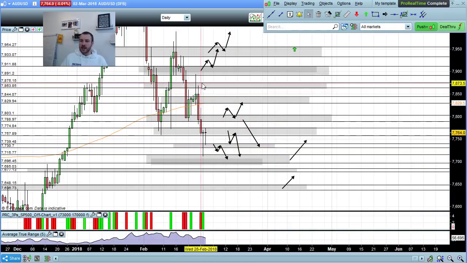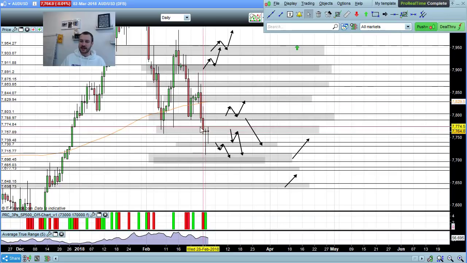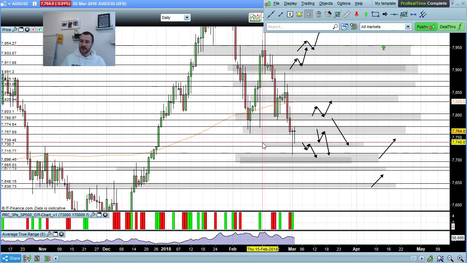So quick recap. It's really if we start breaking up above this 890 to 911 level, the market is then starting to turn more bullish. You start looking for the bounces up. If we break up above this level, it's then turning more bullish still, and I'd expect to see really up toward 8,000 tested. We're still testing at this key level of support. If the market continues to break down, reject at this level, we can look for the moves down again into at least that 7715 to 7700.